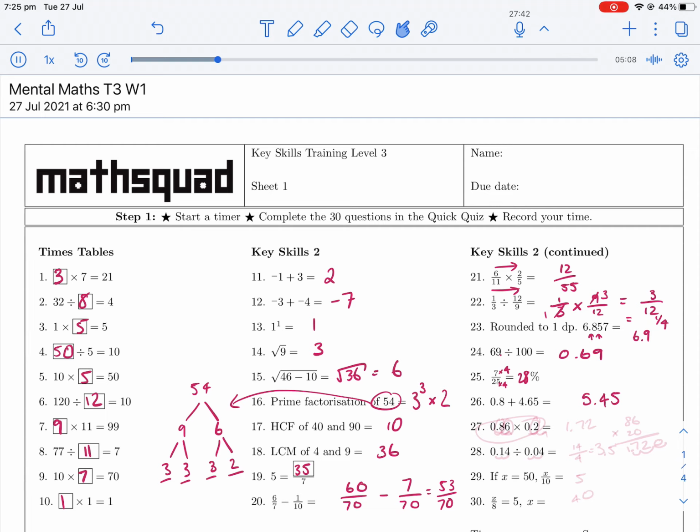And 2 times 0 is 0, add 1. Now put a 0 down. 0 times 6 is 0, 0 times 8 is 0, 0. So let's just fix that up.